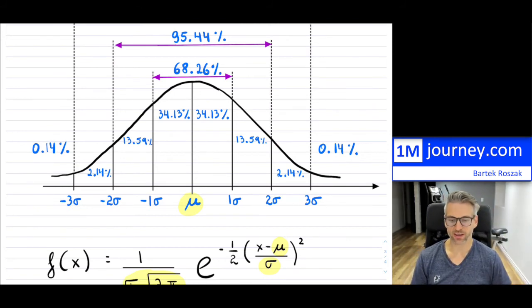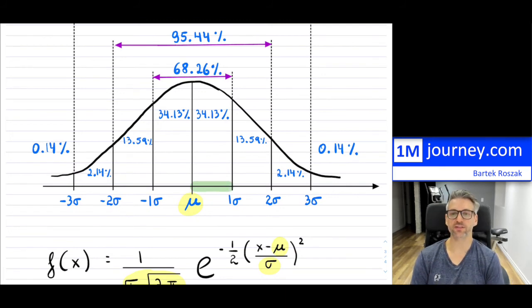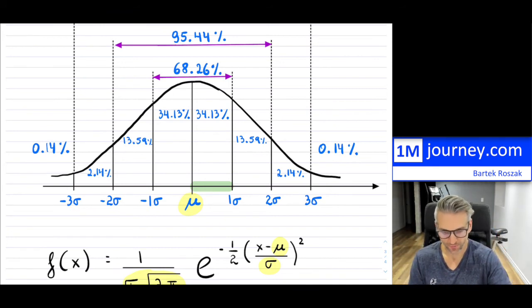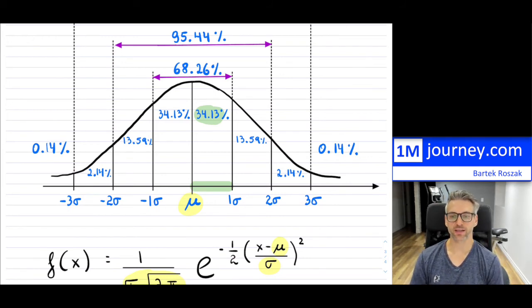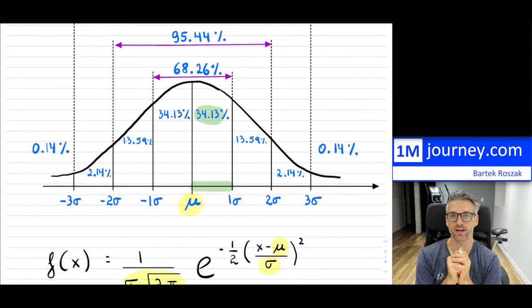It turns out if you wanted to calculate the area under the curve going from here to here, so within one standard deviation, all within the population, 34% is the probability that to the right of your mean, 34% of the data will fall.